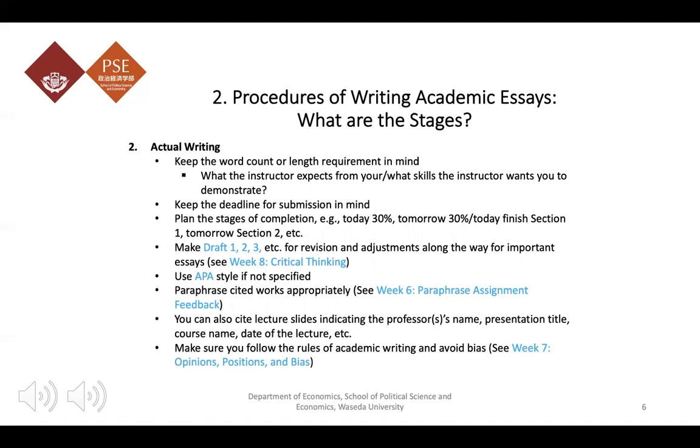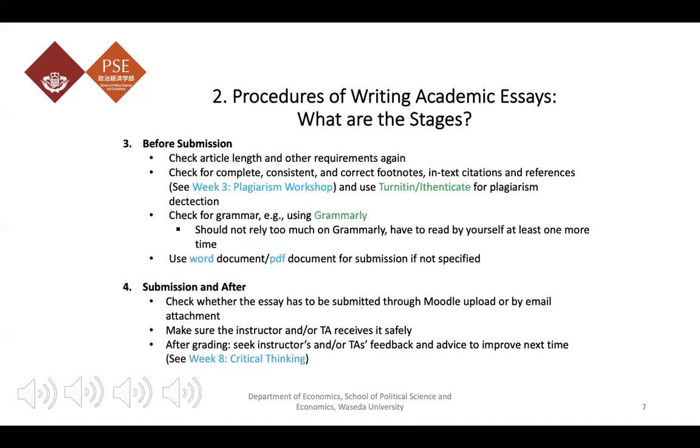And if the instructor of the course doesn't specify a citation style, a safe way is to use APA. So before you submit your essay to the course system, you should always check the deadline, the length of the essay, and also plagiarism.